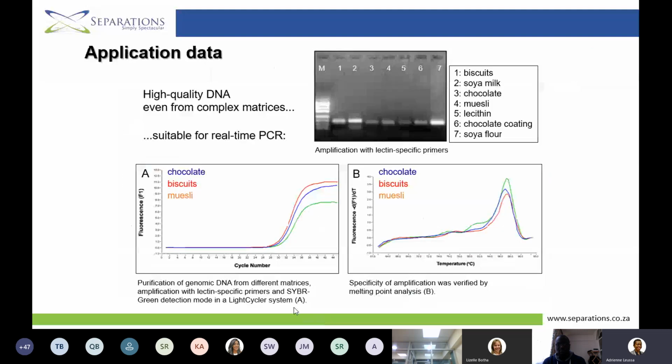And you can see here how, if you're using the NucleoSpin Food Kit, you're able to efficiently get high quality DNA from across several different types of food, even those with complex matrices. And this DNA is then able to undergo PCR reactions, even quantitative PCR.